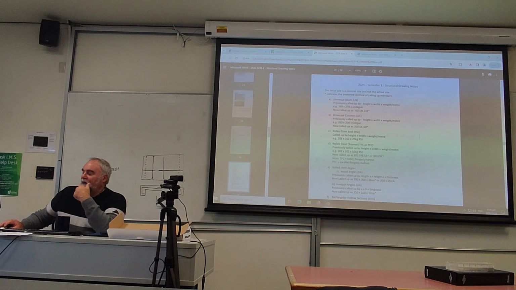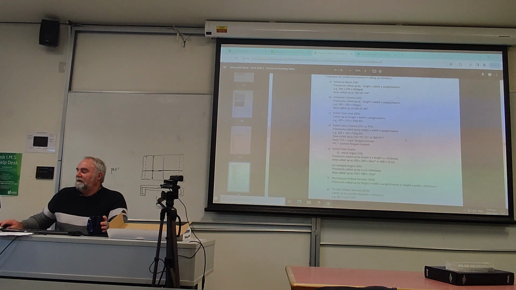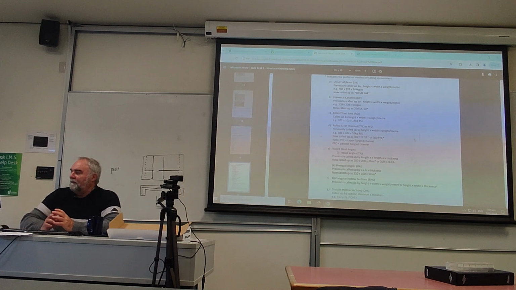Okay, so what sort of members are available to us in terms of beams and columns and everything? This is, I suppose, the description of them here. You have a universal beam that previously used to be called height by width by weight by metre.